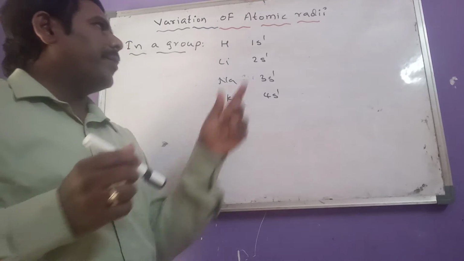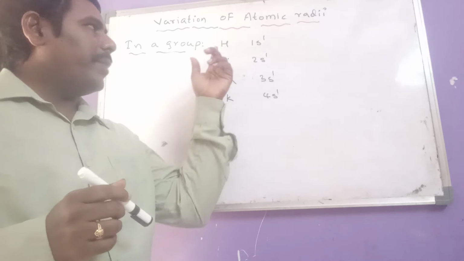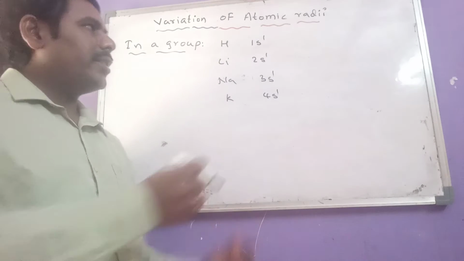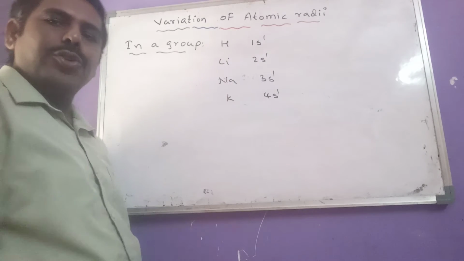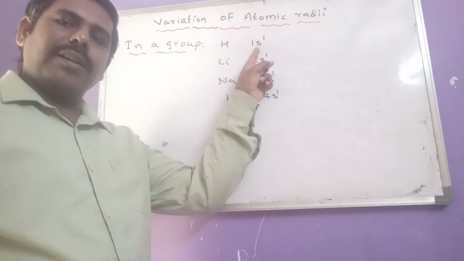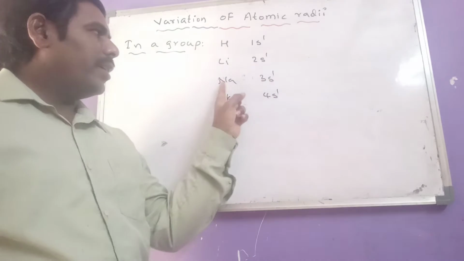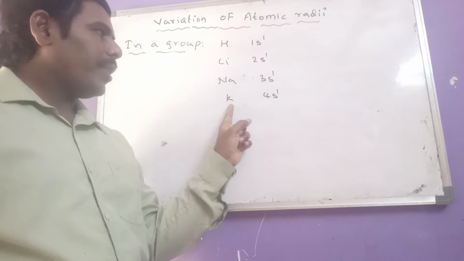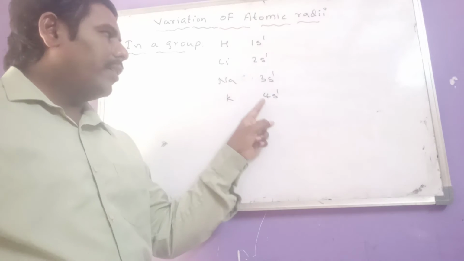That means in a group from top to bottom, as atomic number increases in each and every element, the differentiating electron enters a new orbit. In hydrogen, the differentiating electron entered the first orbit. In lithium, the second orbit. In sodium, the third orbit. In potassium, the fourth orbit.